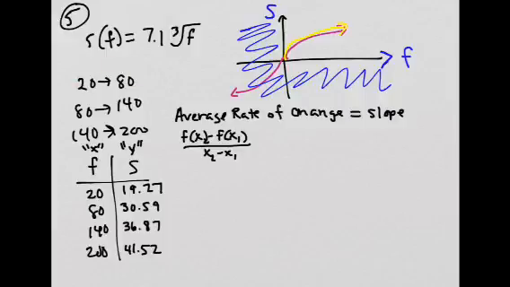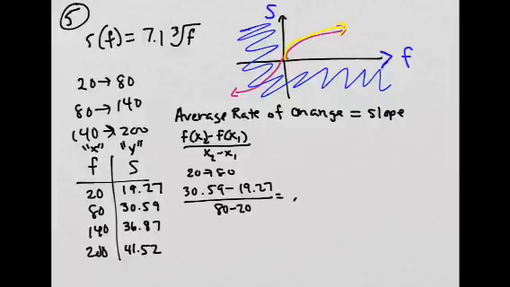So the 20 to 80, we'll do that one first. At 80 I got 3059 minus, at 20 we got 1927. I'm writing the S values over 80 minus 20.